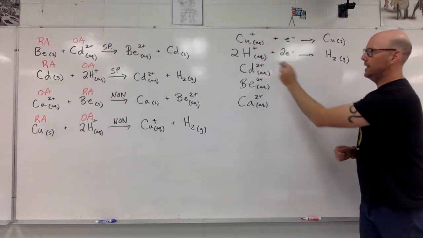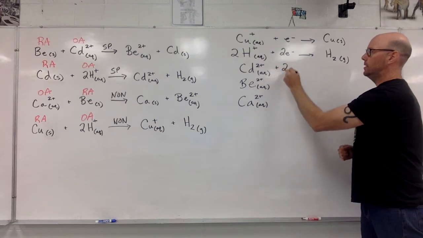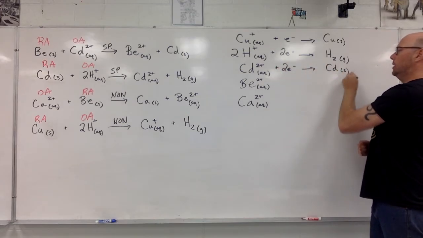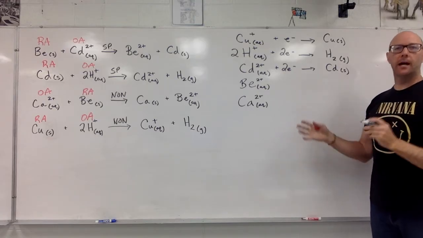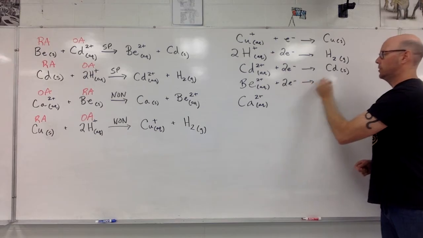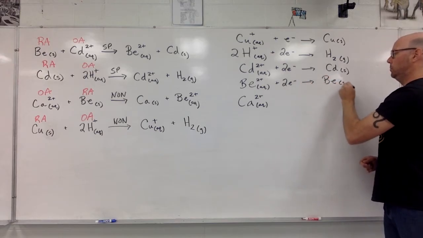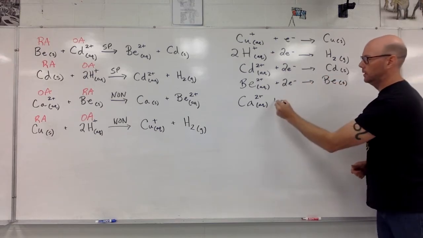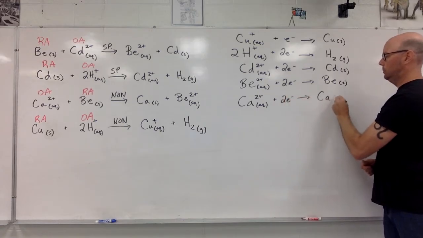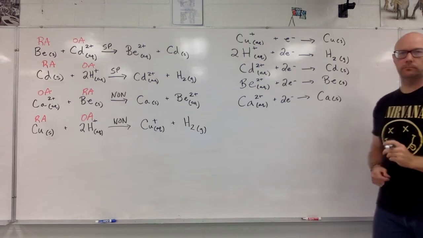The cadmium is 2 positive. It gains 2 electrons to become cadmium solid. The beryllium and the calcium, the same. Plus 2 electrons, makes solid beryllium. Calcium gains 2 electrons to make solid calcium.